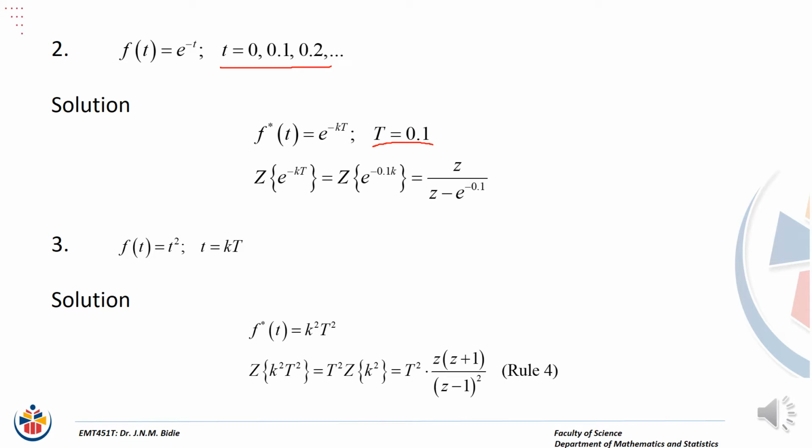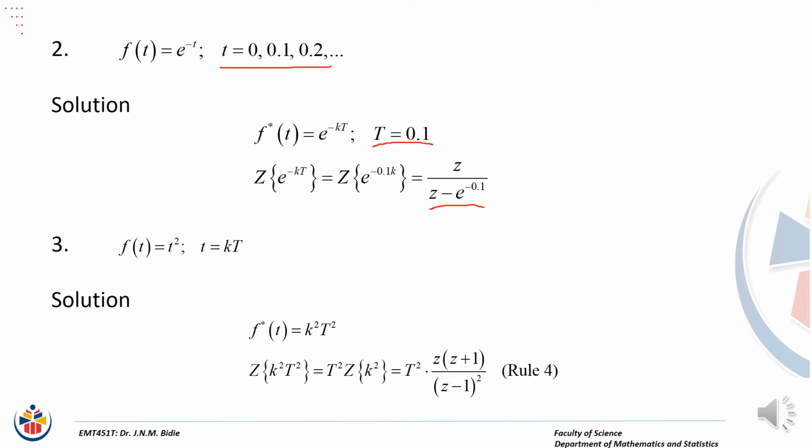By substituting kT in place of t, we've got the sampled discrete time signal, and therefore we can take its Z transform. And I believe that we used rule 6 to get Z over Z minus e to the power negative 0.1.